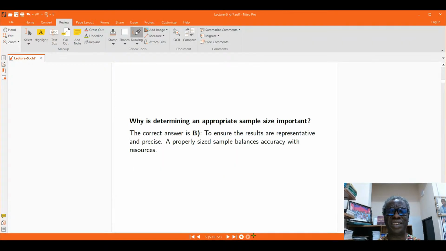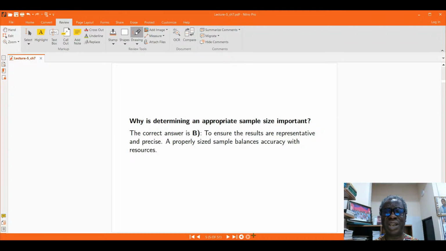The correct answer is actually B. The reason is to ensure the results are representative and precise.